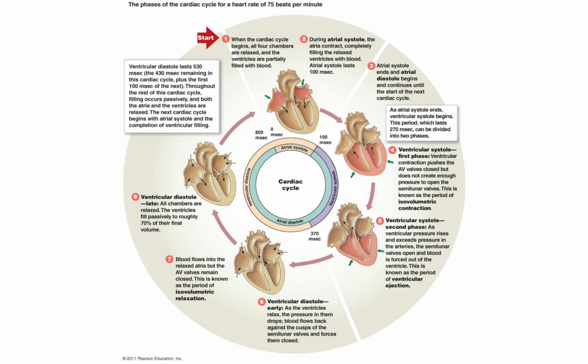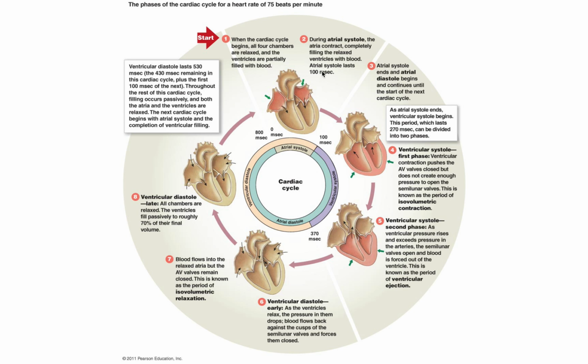Now the atria contract first. So here's the start of our cardiac cycle. The atria are going to contract first, and that pushes the blood into the ventricles, then the ventricles will contract, and that pushes blood into the arteries. So at the start, we see here all 4 chambers are relaxed, and the ventricles are partially full.